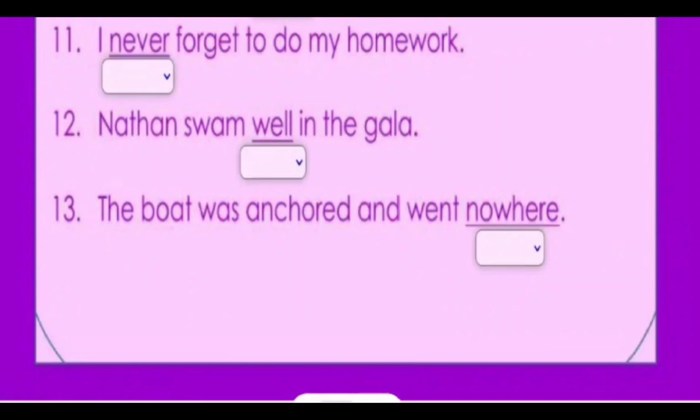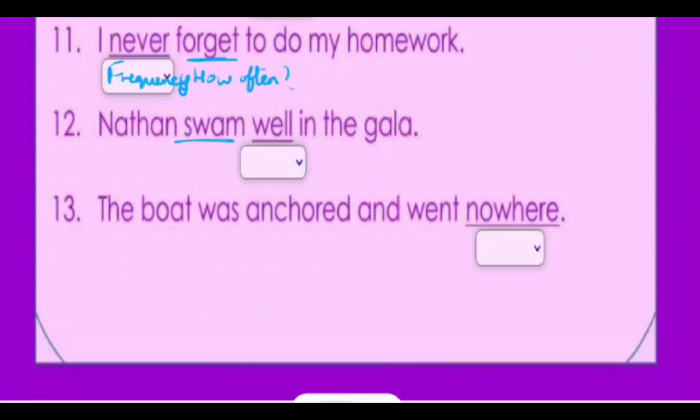Oh, we have some more. I never forgot to do my homework. How often did he forget? Never. So this is adverb of frequency. Nathan swam well in the gala.